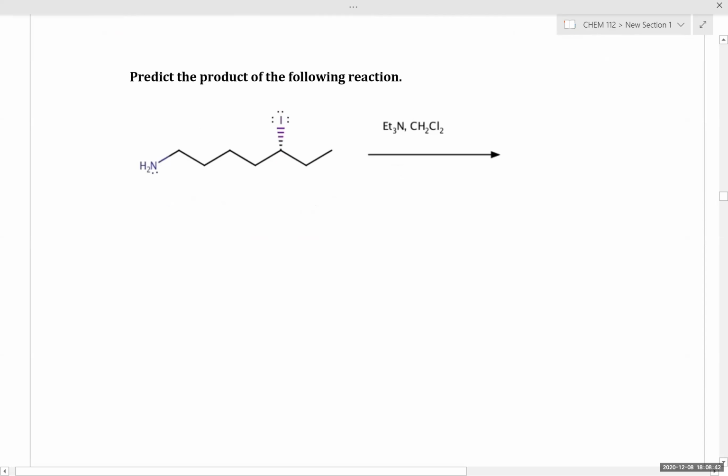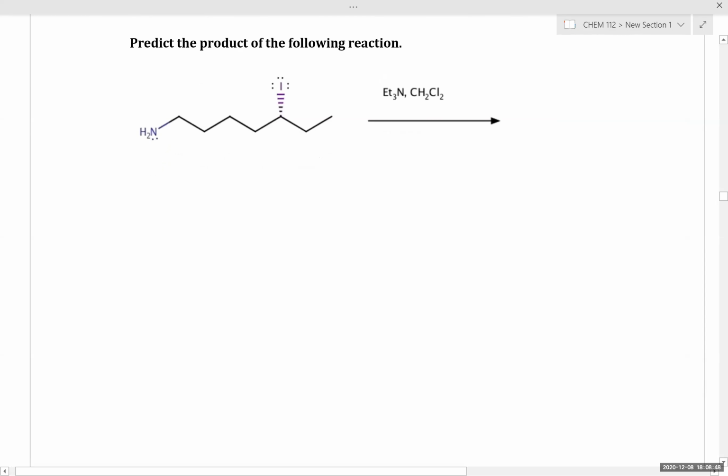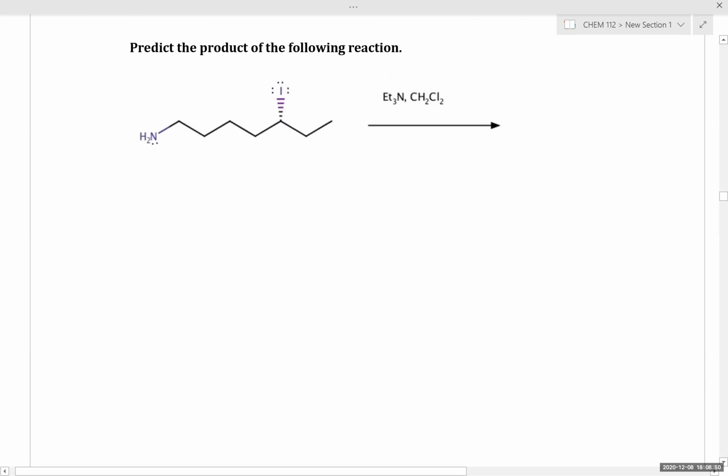So we've seen some intramolecular reactions. So let's take a moment and let's try to predict the product from the following reaction. And I'd like us to try to utilize the annotate tool. And your main check is just to make sure that your target stereocenter for the Sn2 reaction actually undergoes a change in configuration.